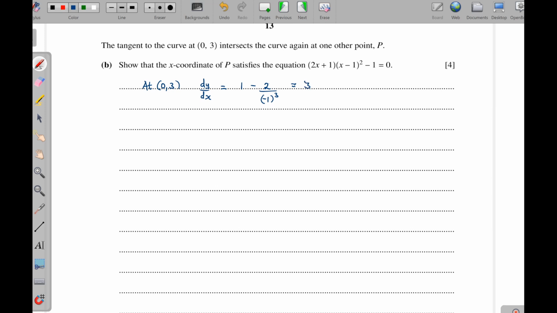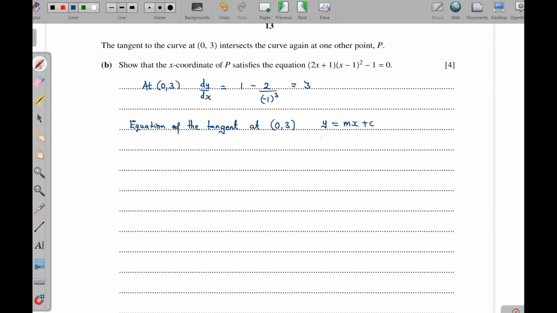So the equation of the tangent at (0, 3). Now already x is 0. Remember we have y is equal to mx plus c.